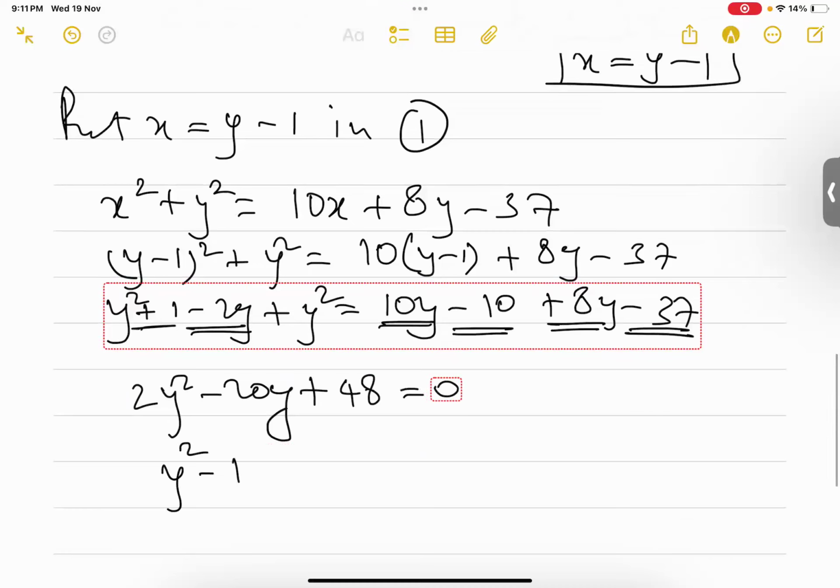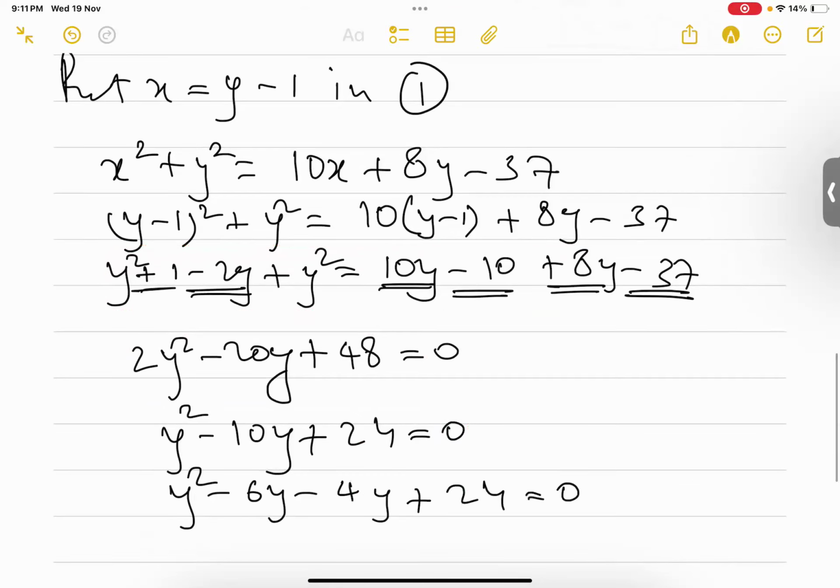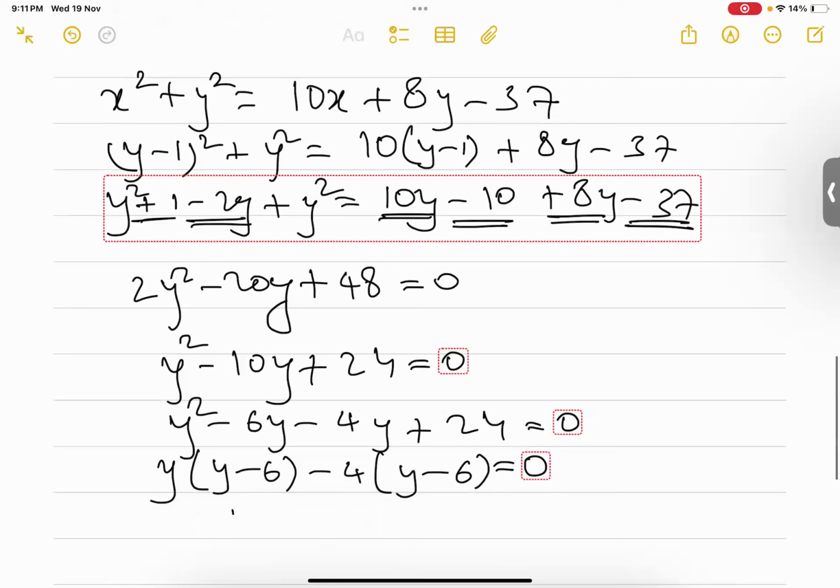So this can be reduced by 2. Now we are going to factorize this: (y minus 6)(y minus 4). So y is equal to 4 or y is equal to 6.